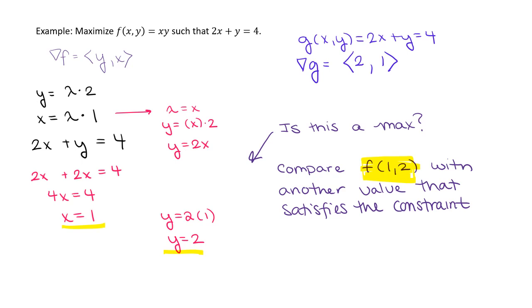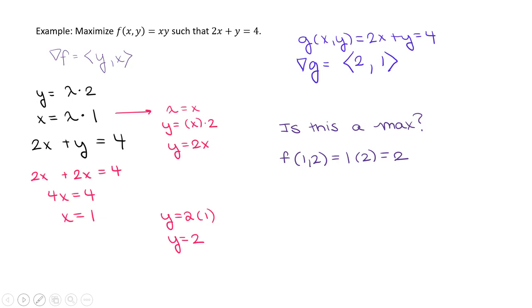So basically, you can pick another xy that satisfies your constraint and see if your solution is bigger or smaller than that value. If your solution is bigger, it's definitely a max. If it's smaller, it's definitely a min. So it's this idea that our solution has to be either a max or a min, and so we're going to just compare it with another point.